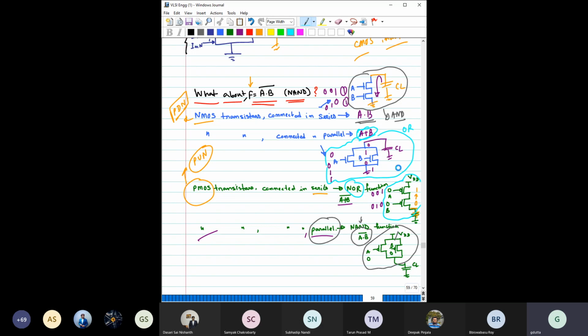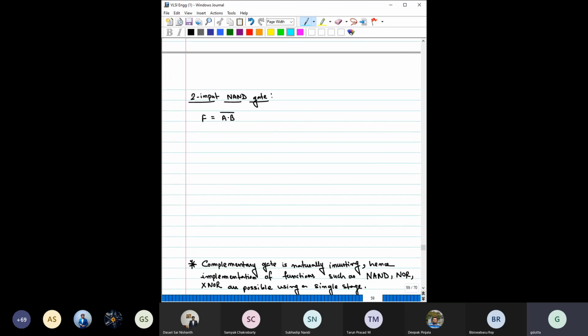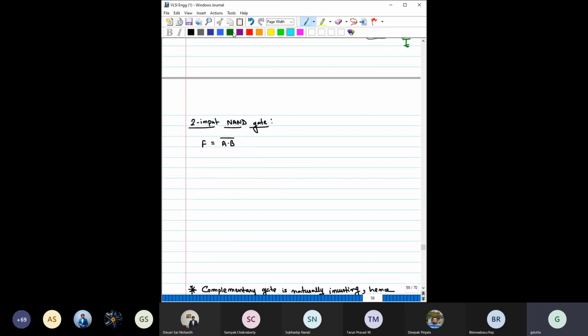Okay, so based on this understanding, let us now try to design this F equal to A dot B bar, or the two input NAND gate. Then what would be the two input NAND gate structure from the transistor level point of view? So now we are doing the transistor level implementation. So definitely we know this A dot B bar.